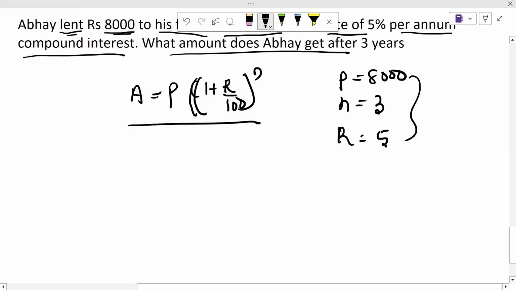So the amount becomes 8,000 into (1 + 5/100) to the power 3.